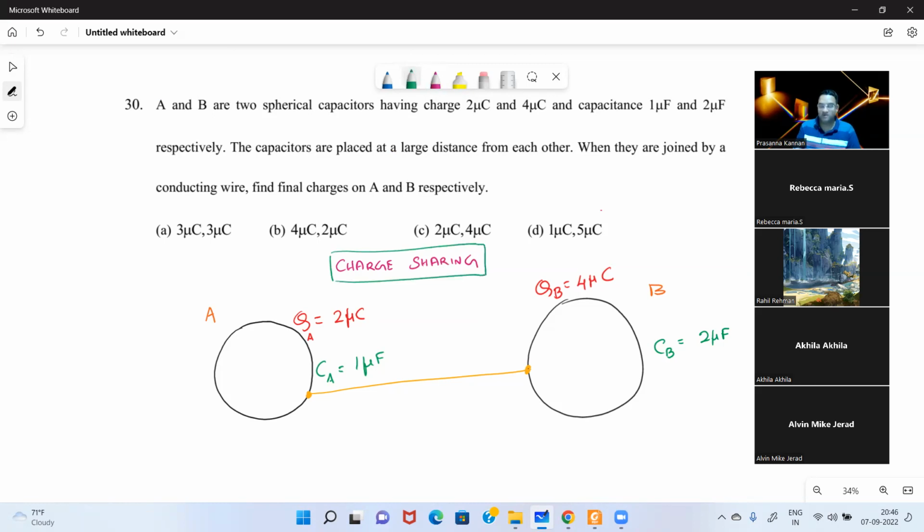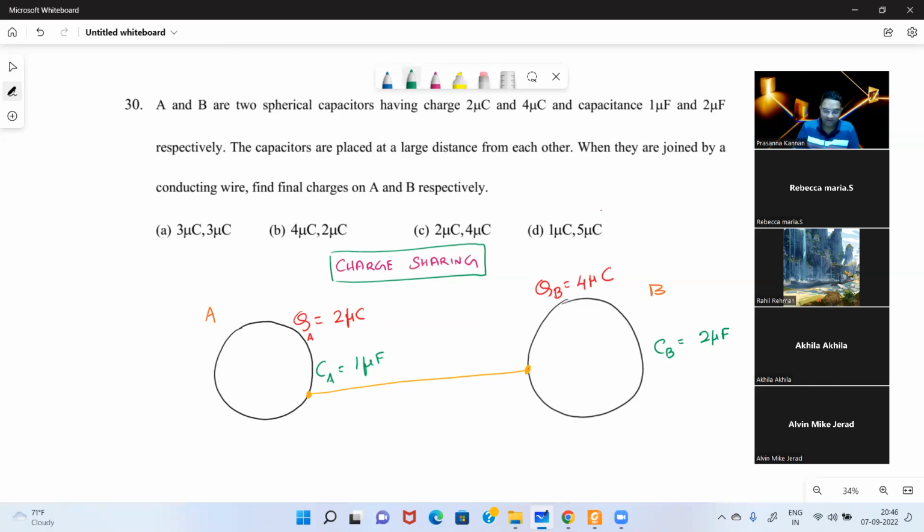This charge sharing will start whenever there is a potential difference between the two of them. When will it stop? When they both reach the same potential, correct? Now see here, after all this sharing has happened, what is going to be the final charge on A and final charge on B? That is the question, correct?